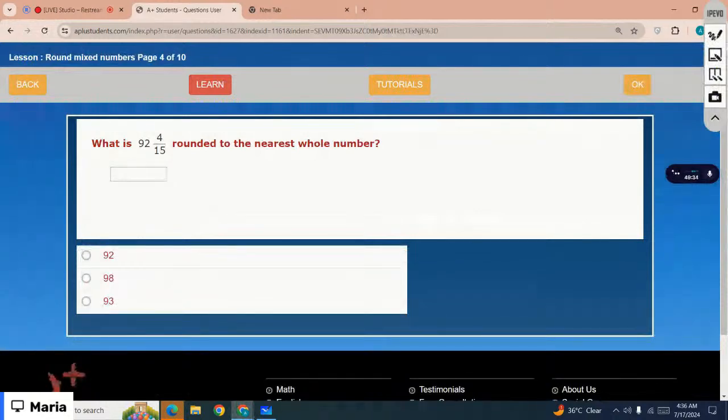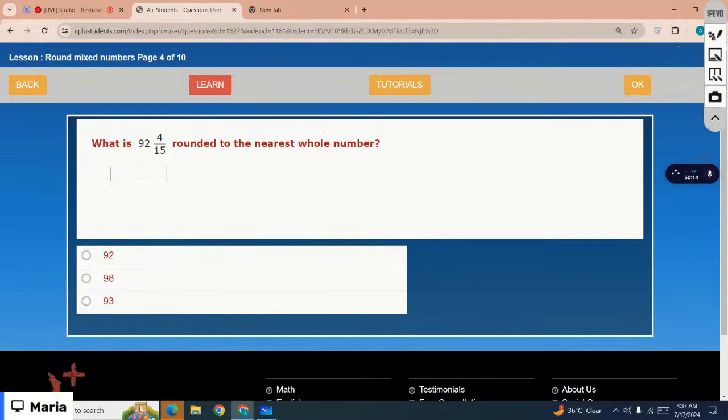What is 92 whole 4 over 15 rounded to the nearest whole number? So which is the correct option? 4 over 15 is less than half, right?